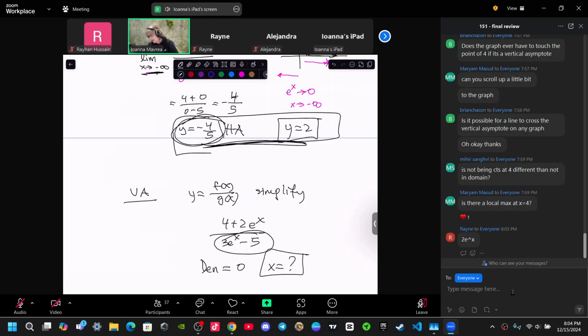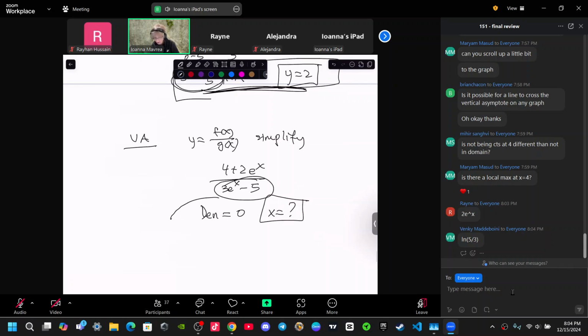That x equal to what number? That equation is the equation for the vertical asymptote. So again, you take this, set it equal to 0. This is your vertical asymptote.